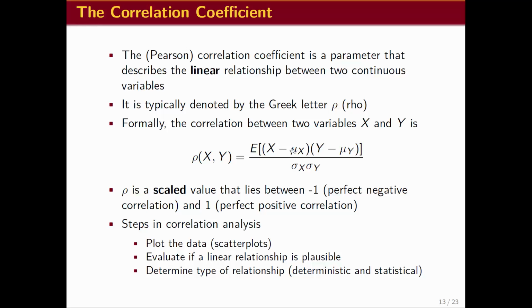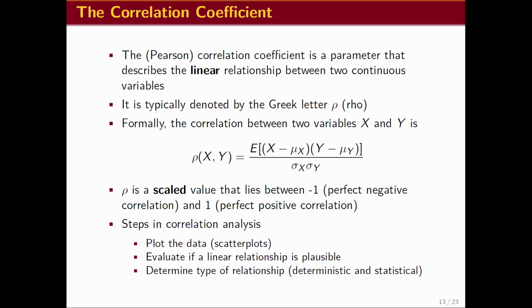Here's the mathematical definition of what the correlation between two random variables is. It's the expectation of x minus its mean times y minus its mean, divided by the product of their standard deviations, right? Not super enlightening as to why that should summarize the relationship between two variables, but we'll get to a little bit later some intuition for why this definition makes sense.